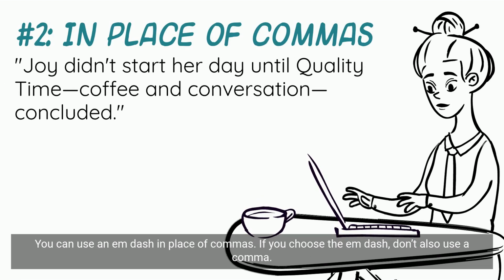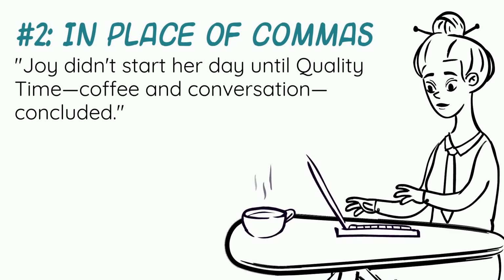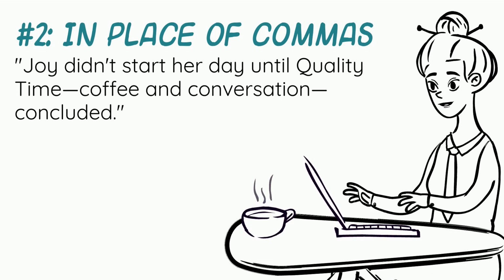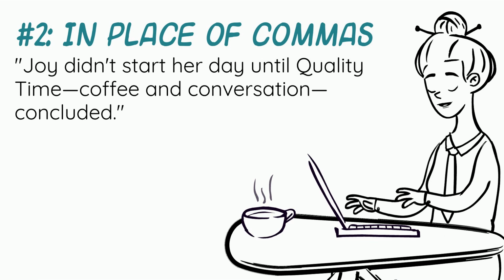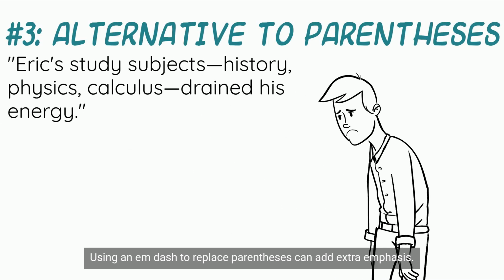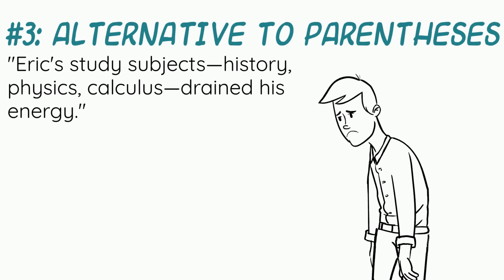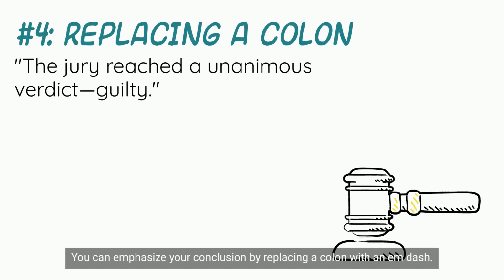If you choose the M dash, don't also use a comma. Using an M dash to replace parentheses can add extra emphasis. You can emphasize your conclusion by replacing a colon with an M dash.